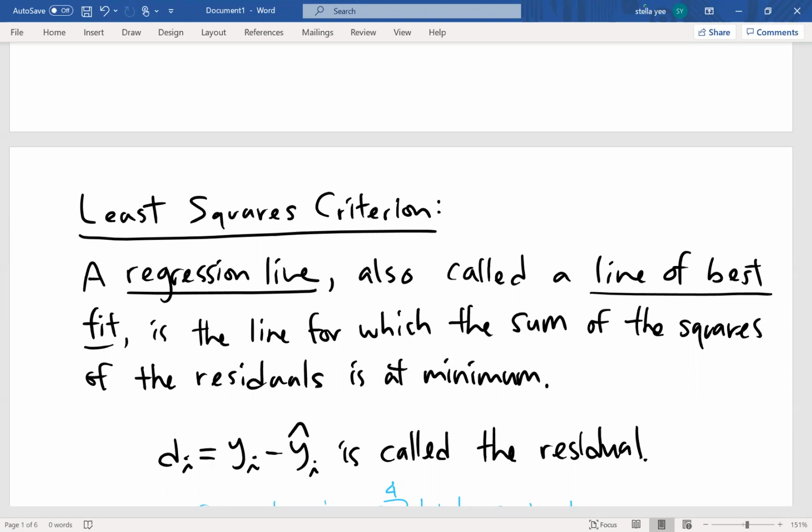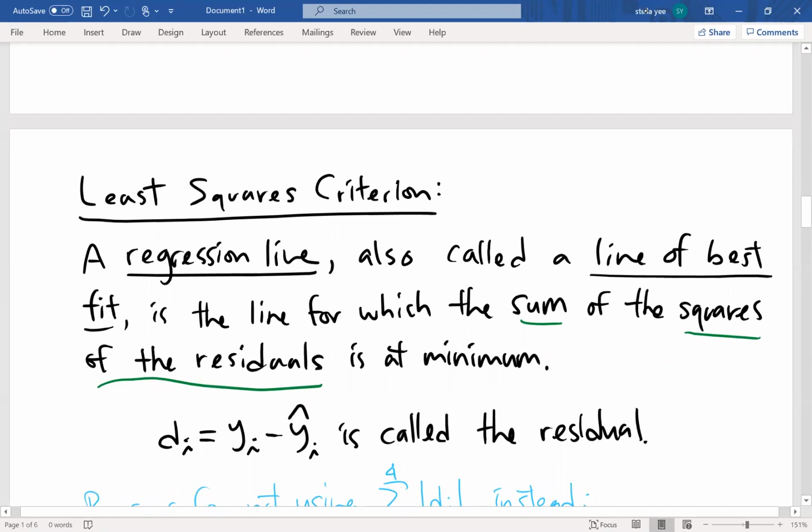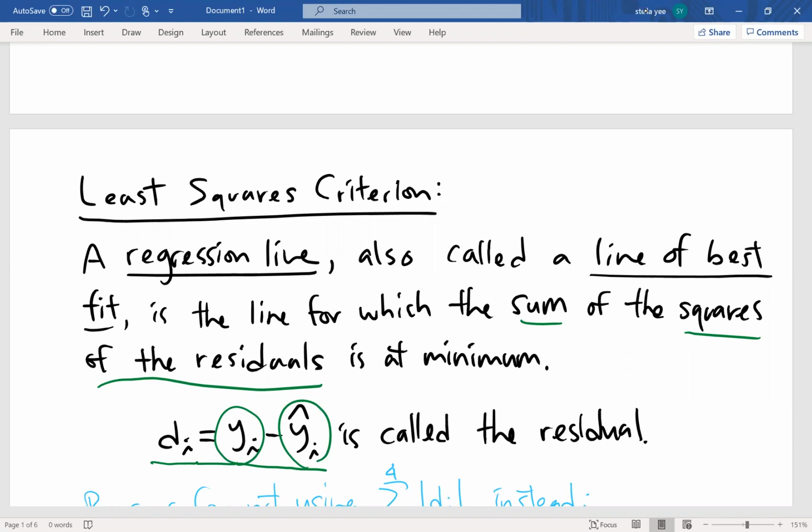A regression line, also called the line of best fit, is the line for which the sum of the squared residuals, that's what we computed, is at minimum. So it's the smallest it could possibly be out of all possible lines you can think of. Again, di, that's the residual, is the actual measurement minus the approximated value.